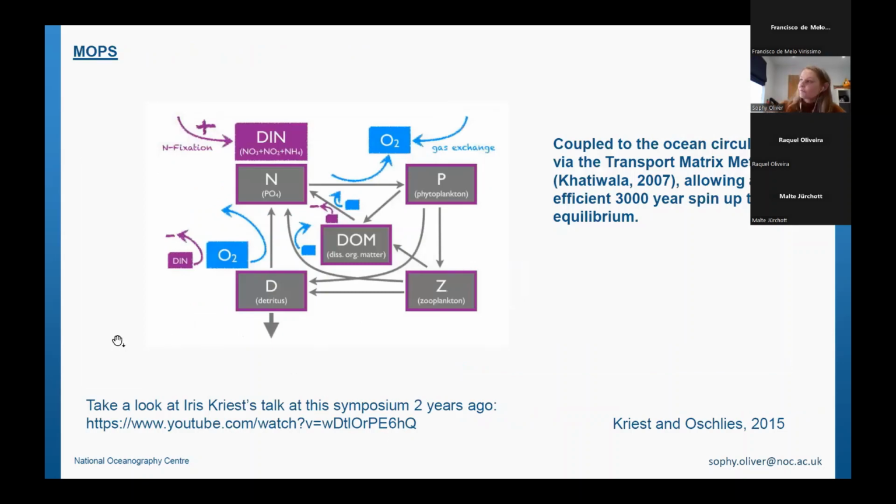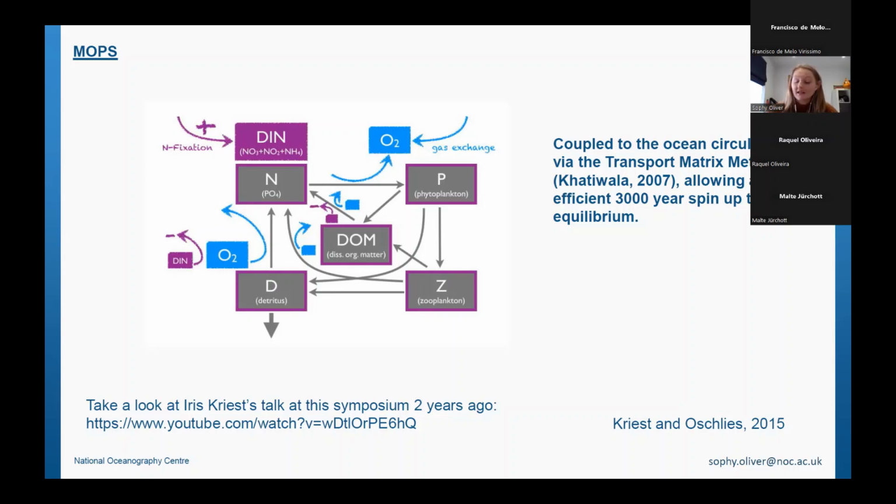So I've explained that there are very influential parameters in biogeochemical models, and there's a lot of scope for us to improve them by parameter optimization. So in the first 2 years of my PhD, I focused on the MOPS biogeochemical model.